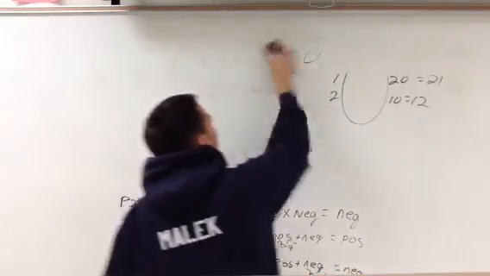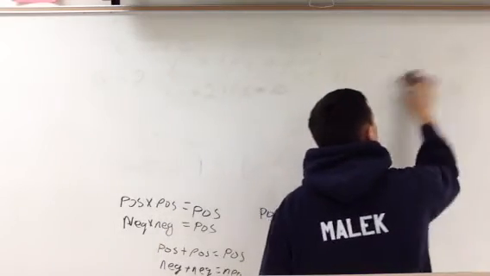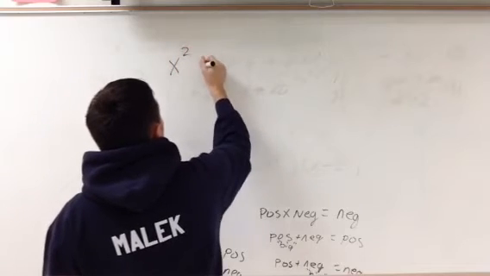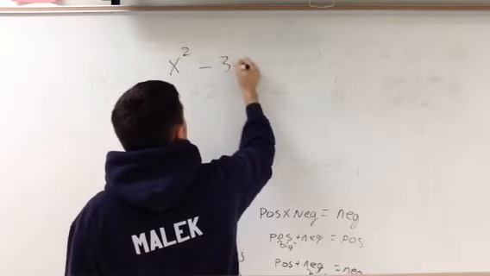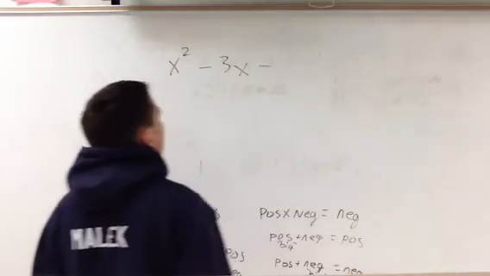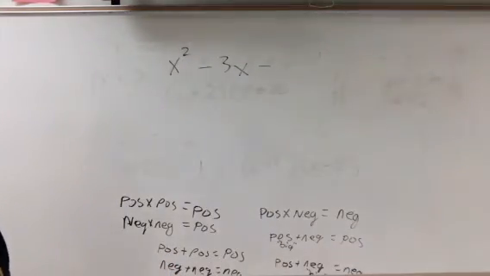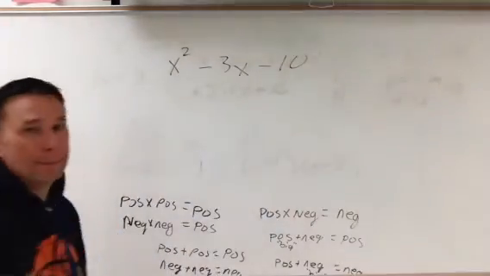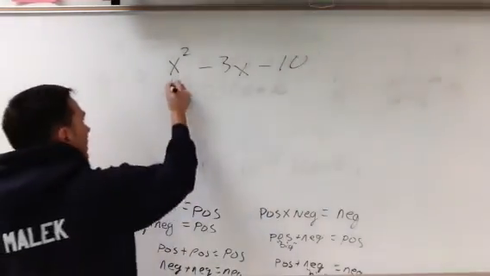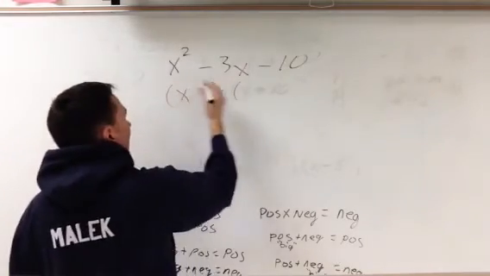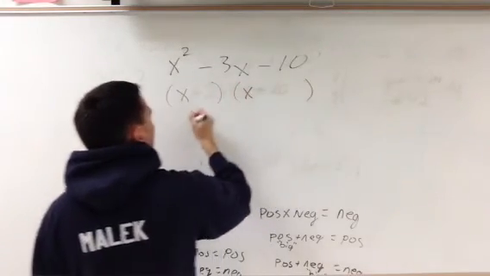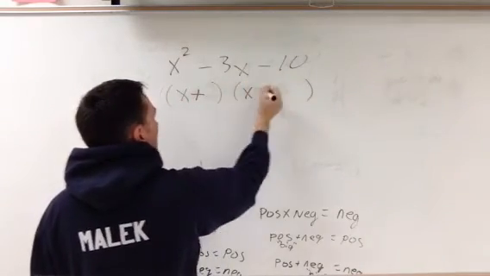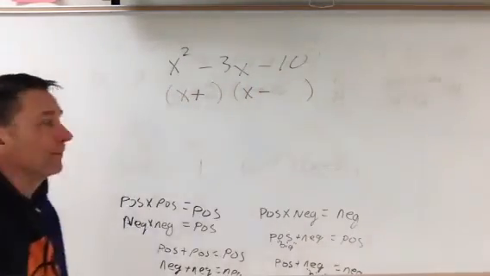Let's look at one that has a couple negative signs in it. X squared minus, let's say 3x minus 10. Easy part. X and x. Because this is negative, one has to be positive, one has to be negative.